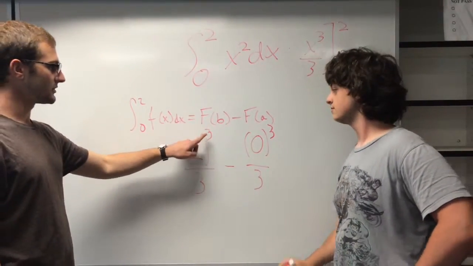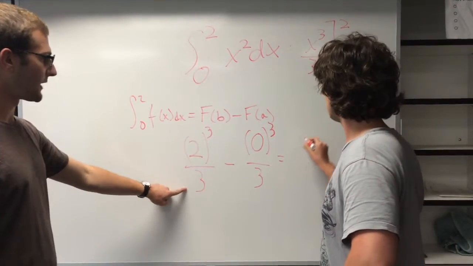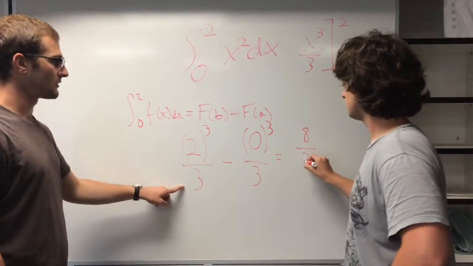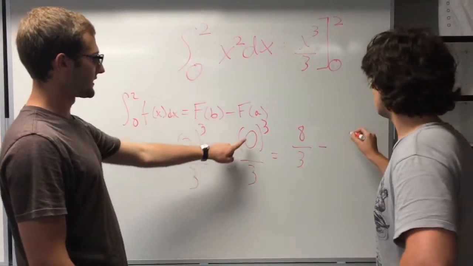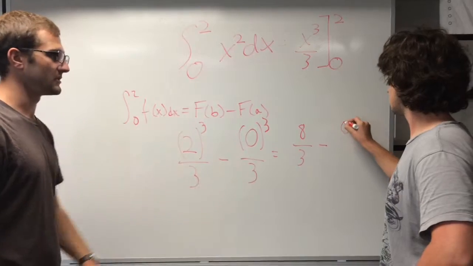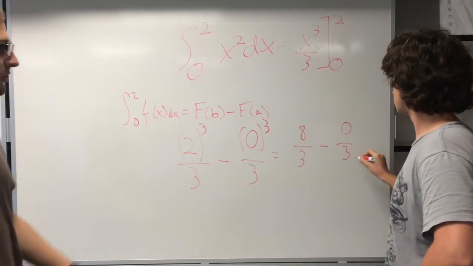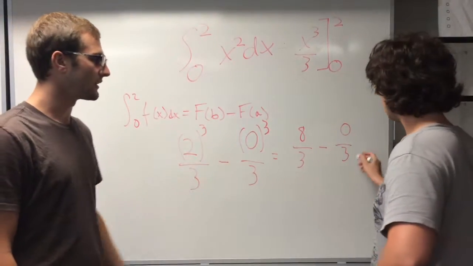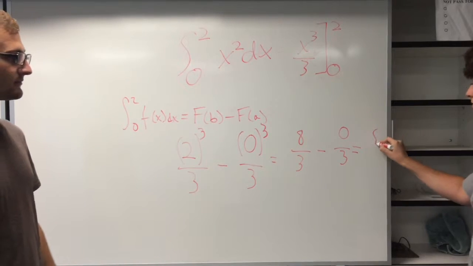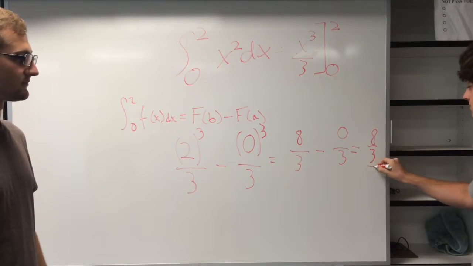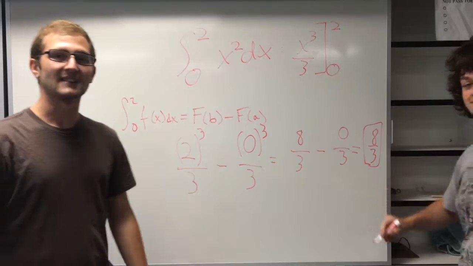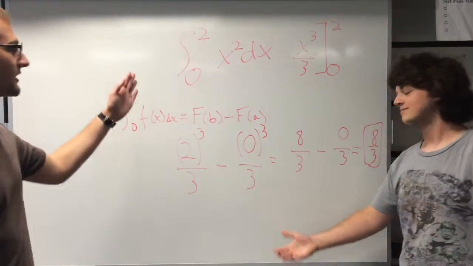So 2 cubed over 3 is 8 over 3, subtracting 0 over 3, which is 0. And so our answer is 8/3. And that's how you find a definite integral.